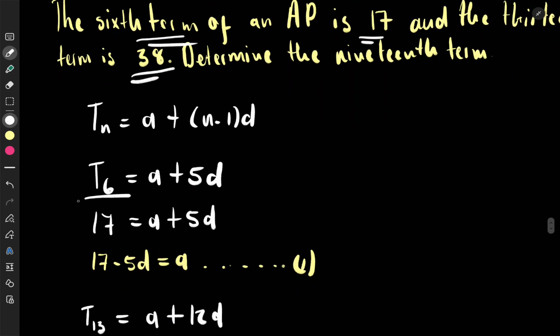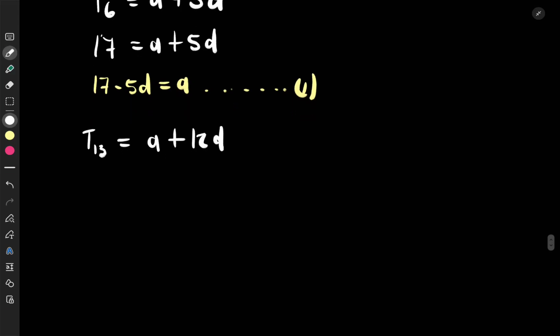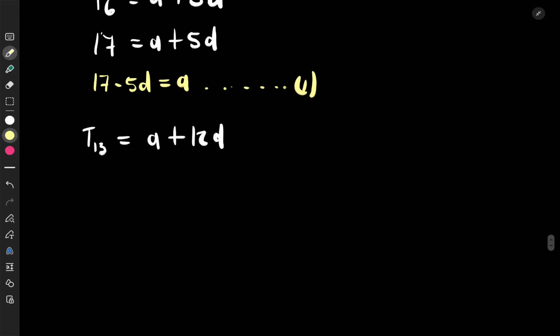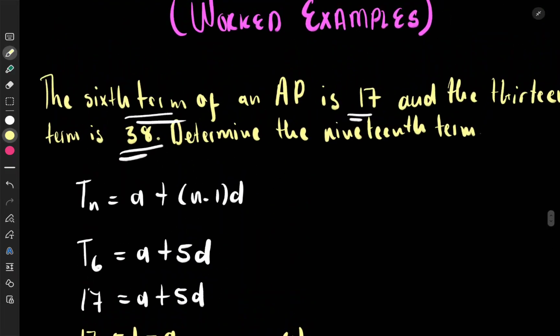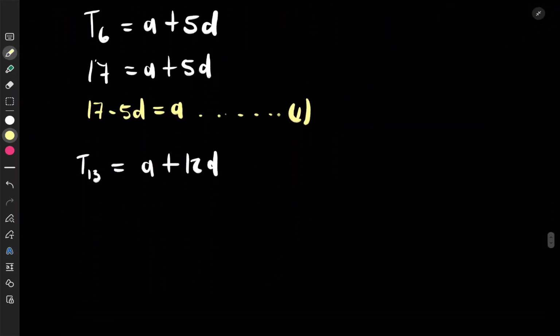So where we have T6, we should remove it and put 17 there, and we'll have 17 being equal to A plus 5D, because that is the 6th term. Does that make sense? And we can have 17 minus 5D is A. Here we have term number 13 as A plus 12D, and that term is 38. So we can say that 38 is going to be equal to A plus 12D.